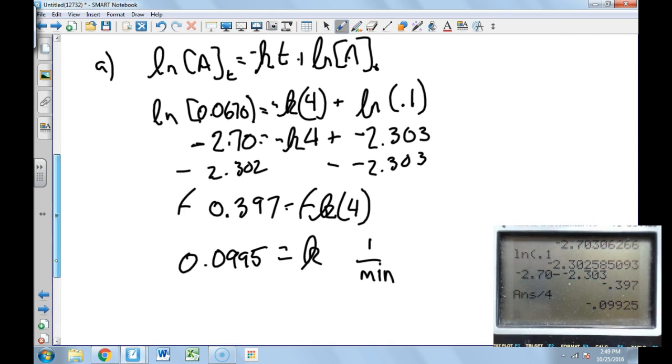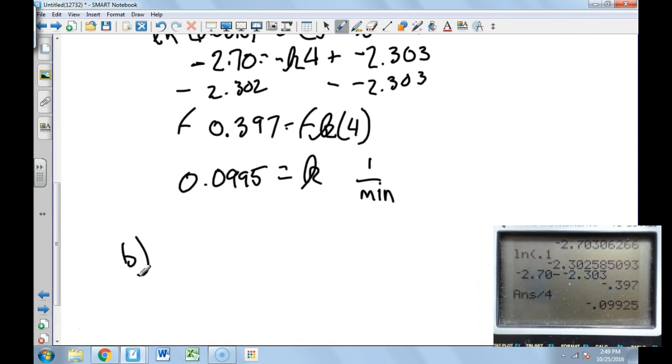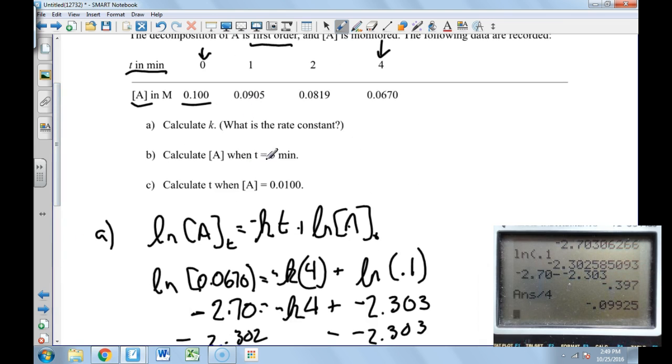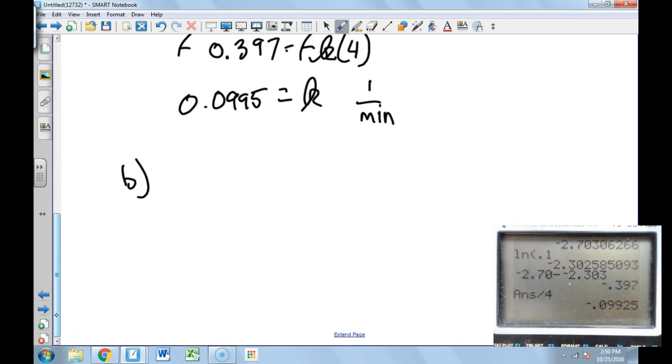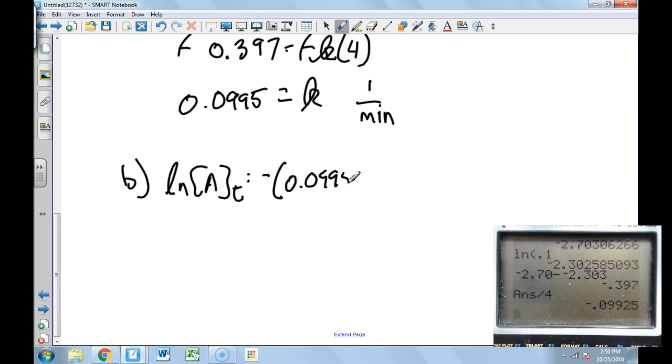Now for part B, it's saying calculate the concentration when t equals 5 minutes. Well, again, we have to use this equation, and now we have a k, and k doesn't change as long as the temperature doesn't change. So we get the ln of A at some time t equals negative kt plus the ln of the concentration at time 0.